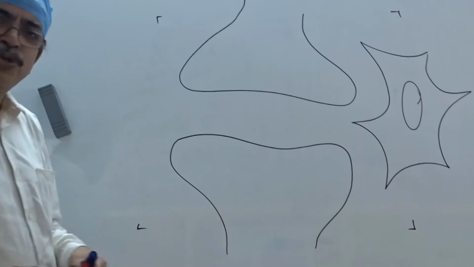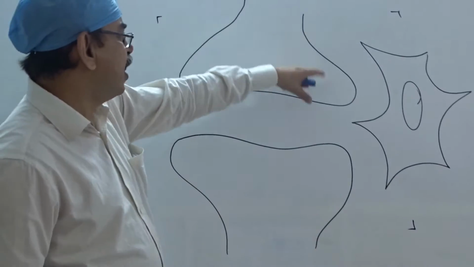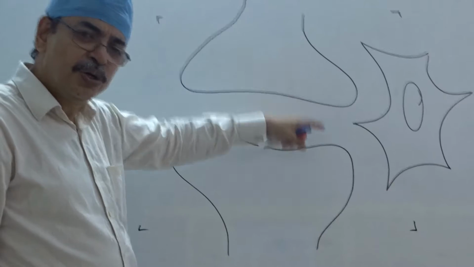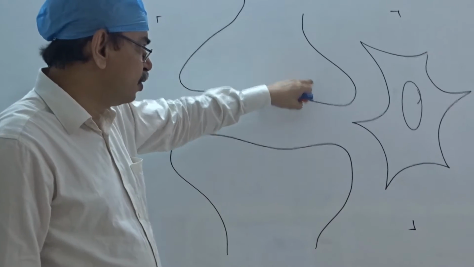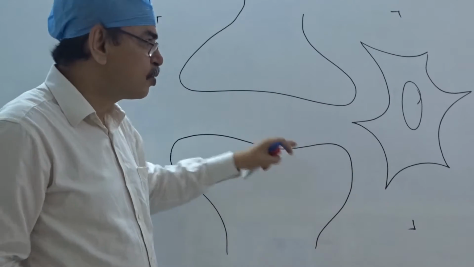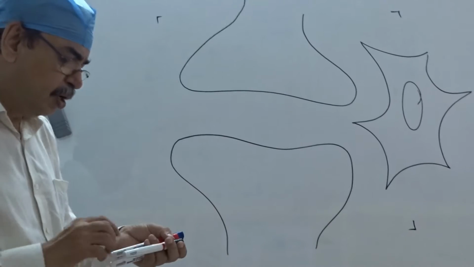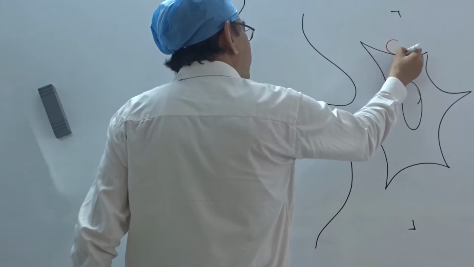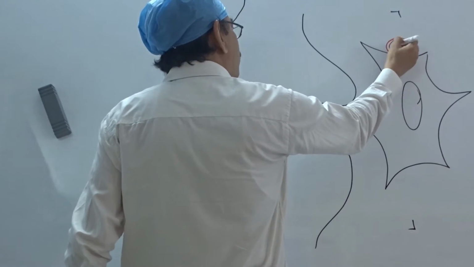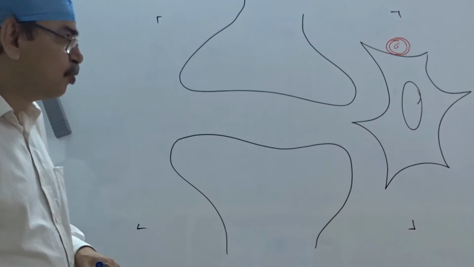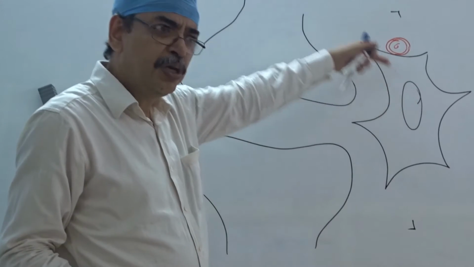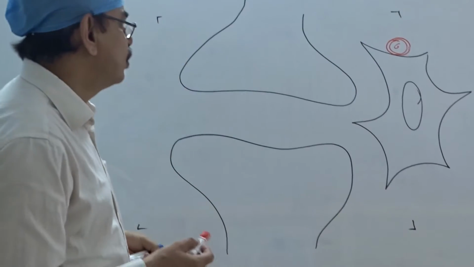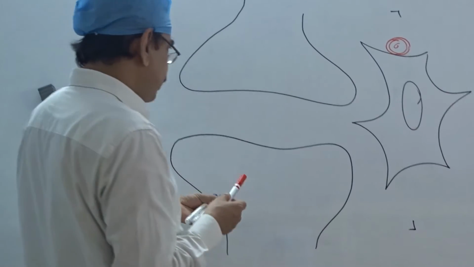So these astrocytes act as scaffolds of these two neurons, first order neuron and second order neuron, so that they can be kept together. We also discussed that the astrocytes make tight junction with the blood vessels to receive the glucose and also the oxygen necessary for production of energy or ATP.